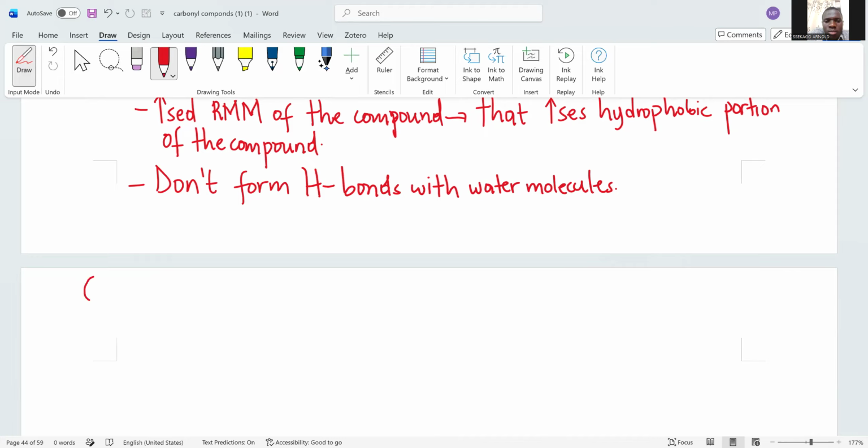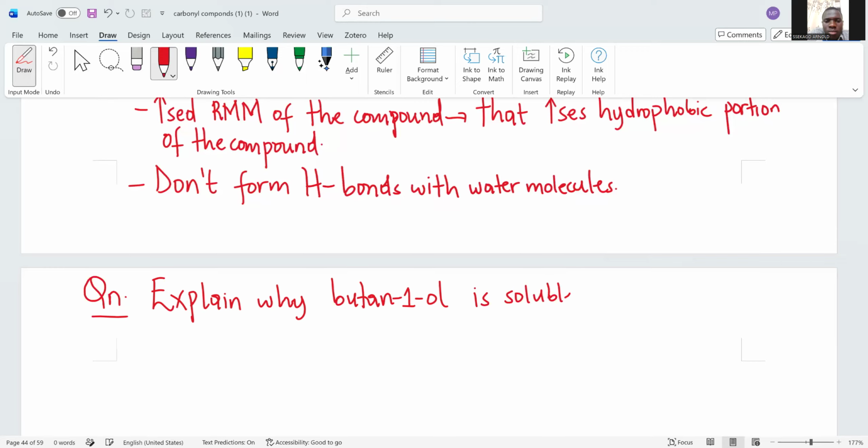Put a question here. I compare solubility of, maybe, butan-1-ol and butanone.